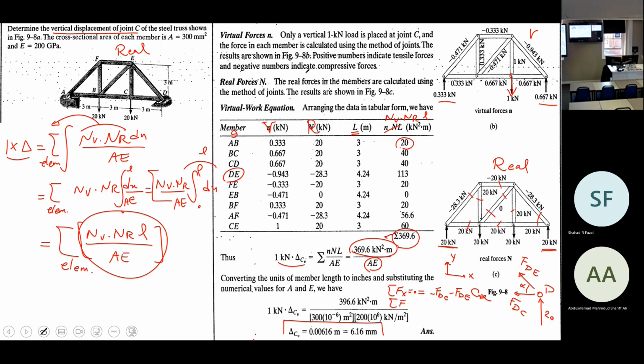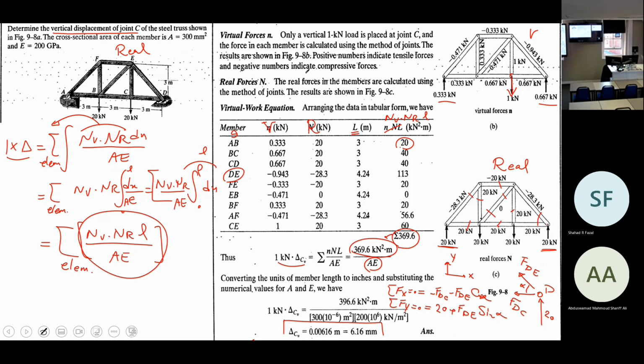Summation Fy should be 0, which means 20 plus F_DE sine alpha equals 0.